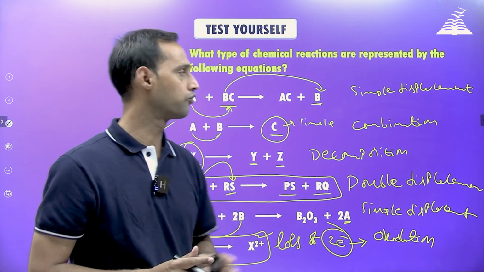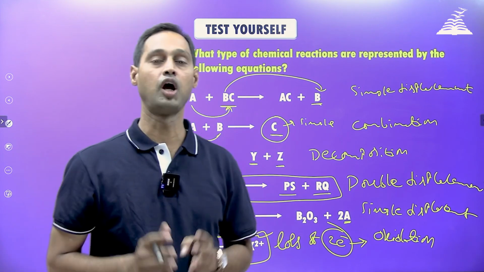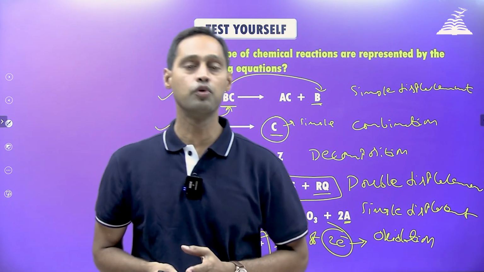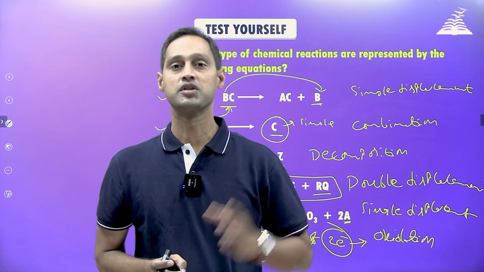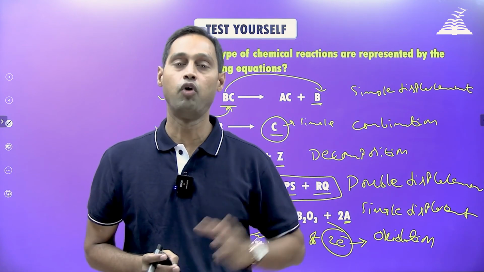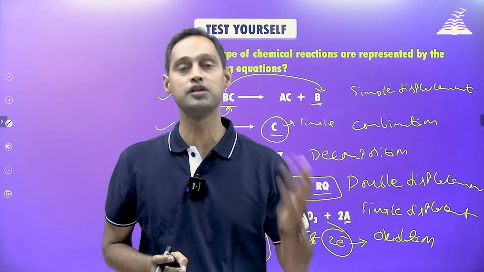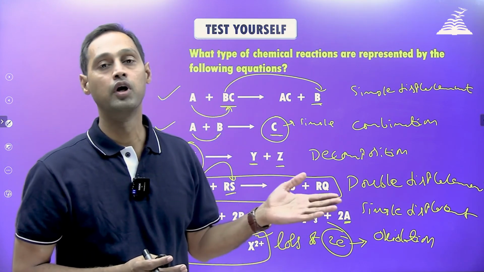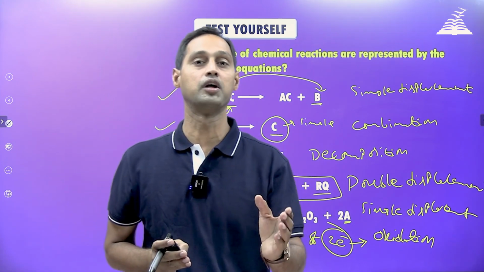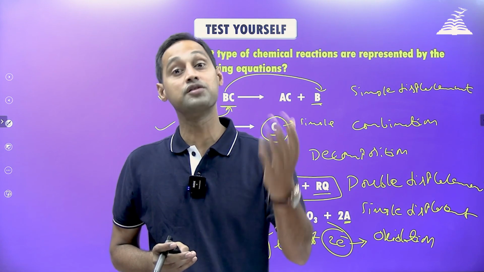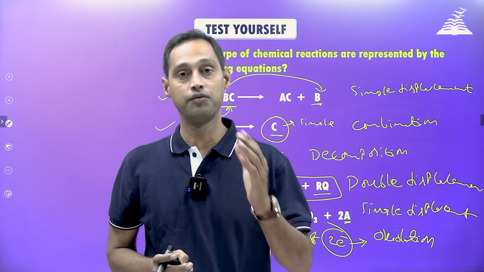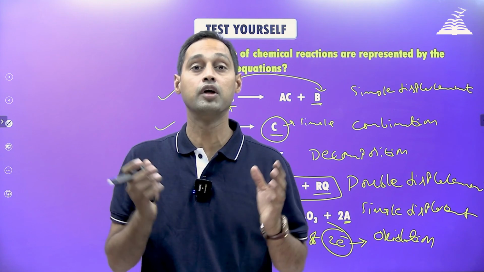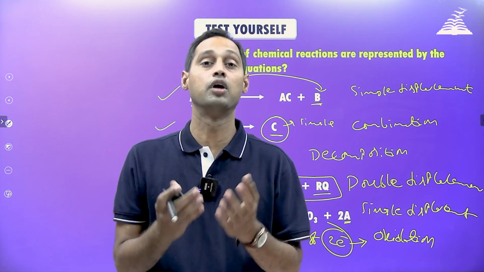Right? I hope you are very much comfortable with all the types of chemical reactions. So what did we learn so far in this session? Starting with chemical reactions, what is a chemical reaction and the characteristics of chemical reactions. Then we moved to chemical equations: what is a chemical equation, essentials of a chemical equation, and finally balancing a chemical equation and making it more informative.